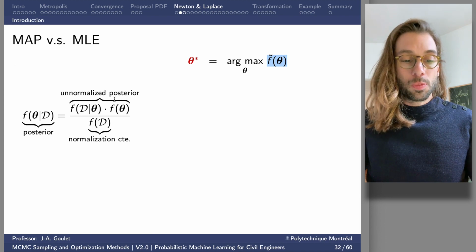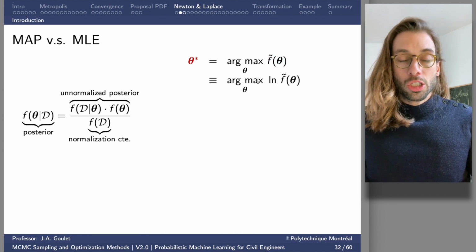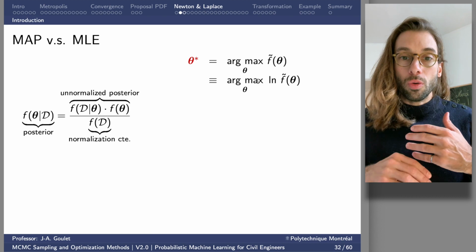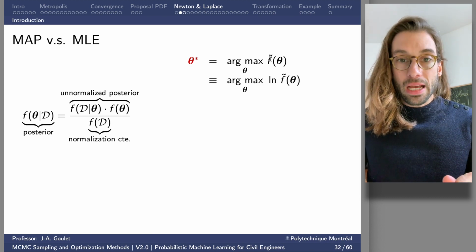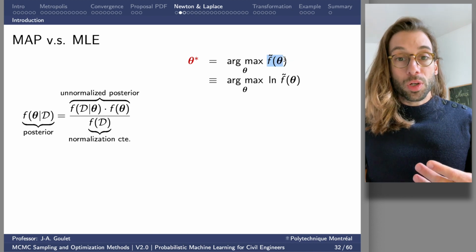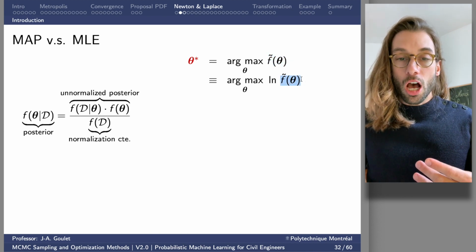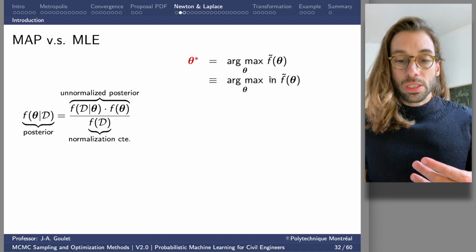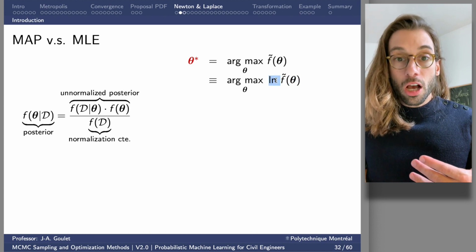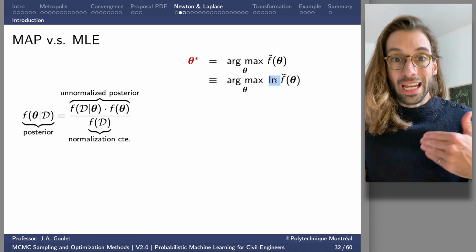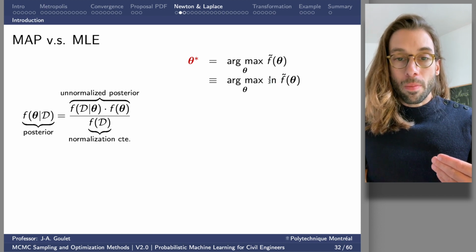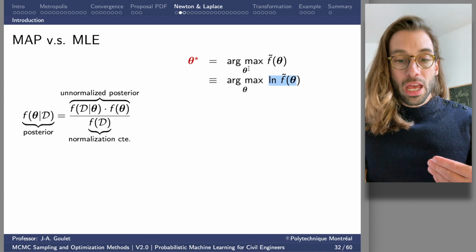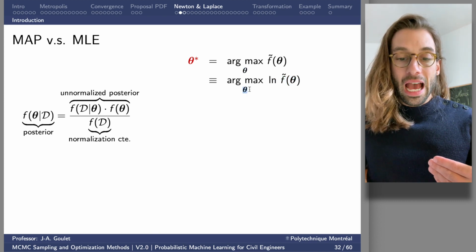The unnormalized posterior. So here, to facilitate the problem, instead of maximizing my function, typically we're going to maximize the log of the function, okay? Since the log function is monotonically increasing, the max of a function or the max of the log of the function is going to be located exactly at the same place.